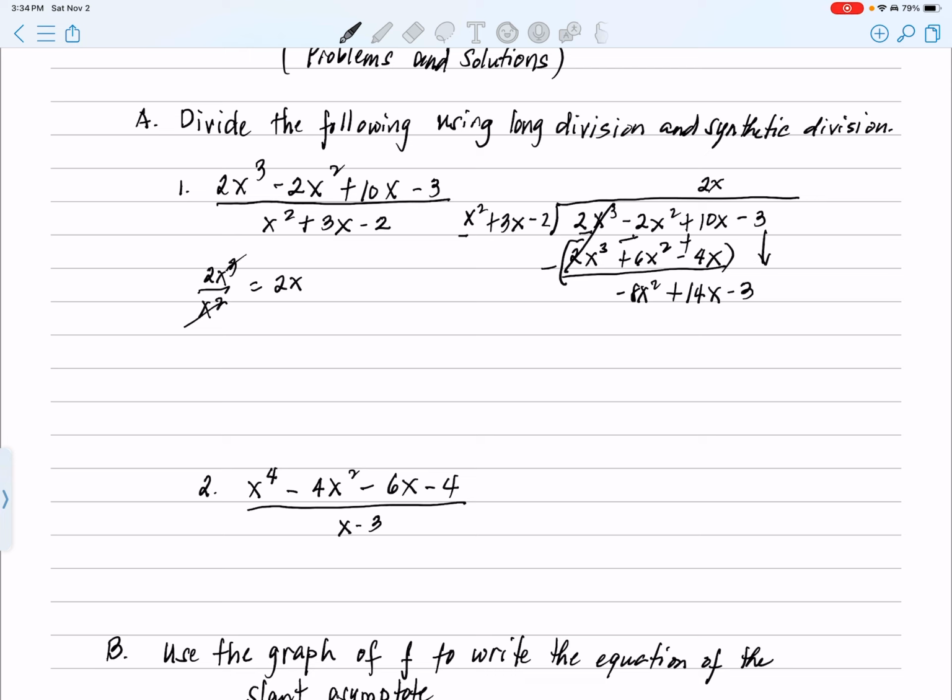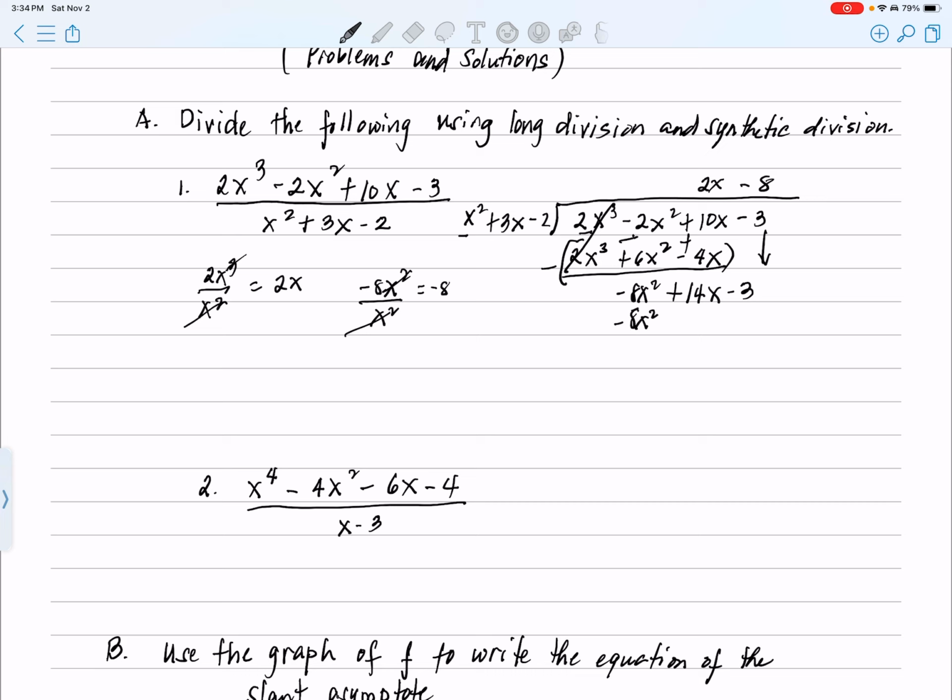Then make your first term again, do the same process. Negative 8x squared, you divide by x squared. What is left is negative 8. You cancel that out. And then multiply back. That would be negative 8x squared.